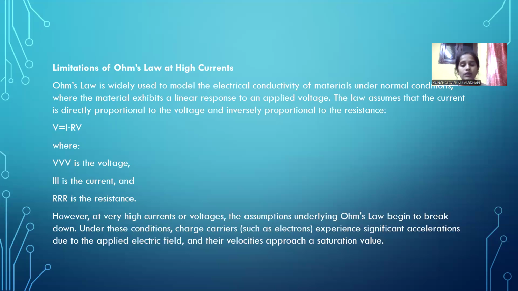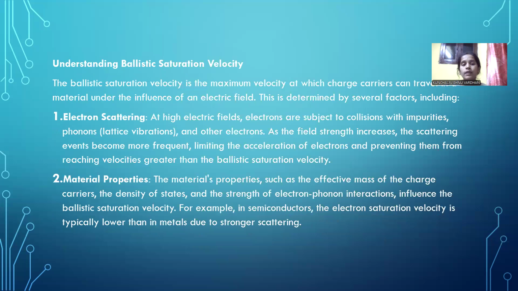However, at very high currents or voltages, the assumptions underlying Ohm's law begin to break down. Under these conditions, charge carriers such as electrons experience significant accelerations due to the applied electric field and their velocities approach a saturation value.